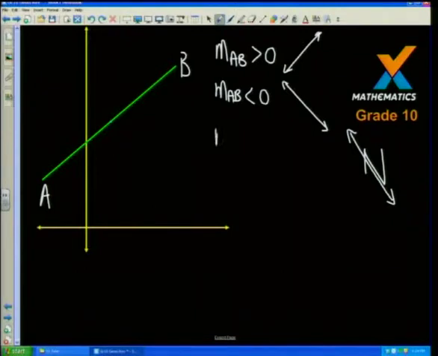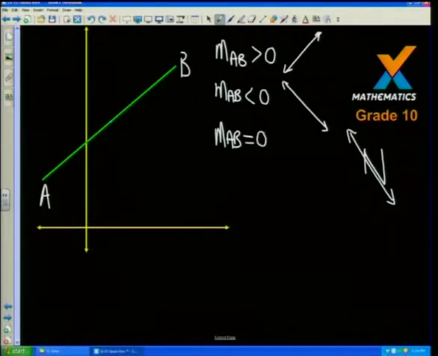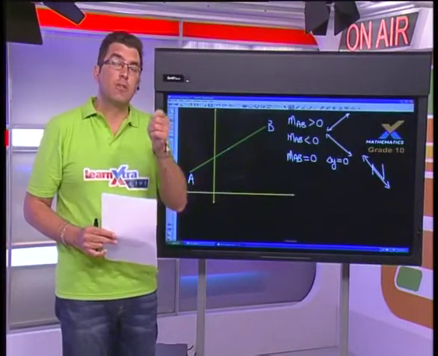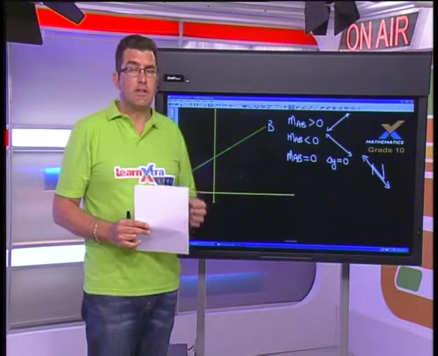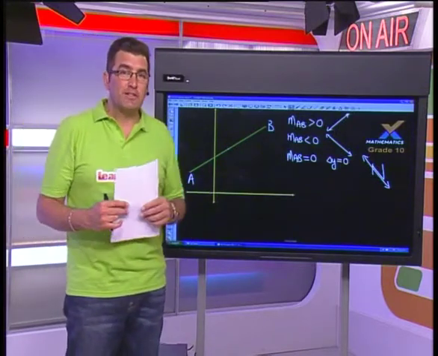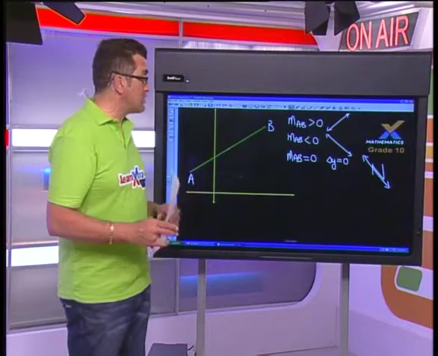Now let's ask ourselves, where is a gradient equal to 0? That will happen if there's no change in y values. So in other words, the line is horizontal. Sometimes in analytical geometry, folks, you get those lines. You need to be very awake if you look at the coordinate pairs that they give you in analytical geometry.